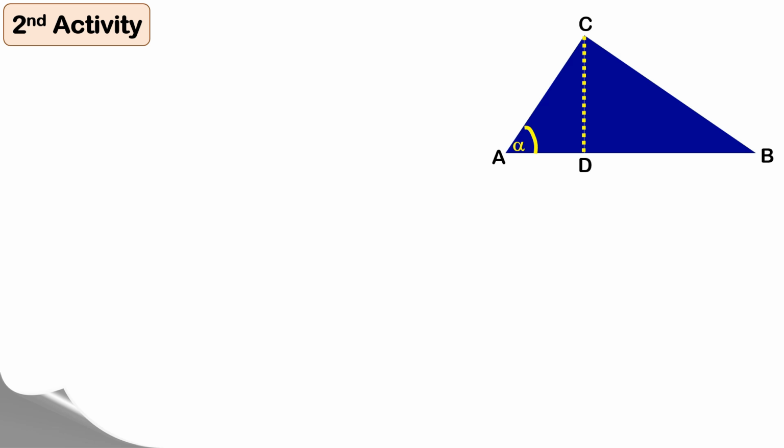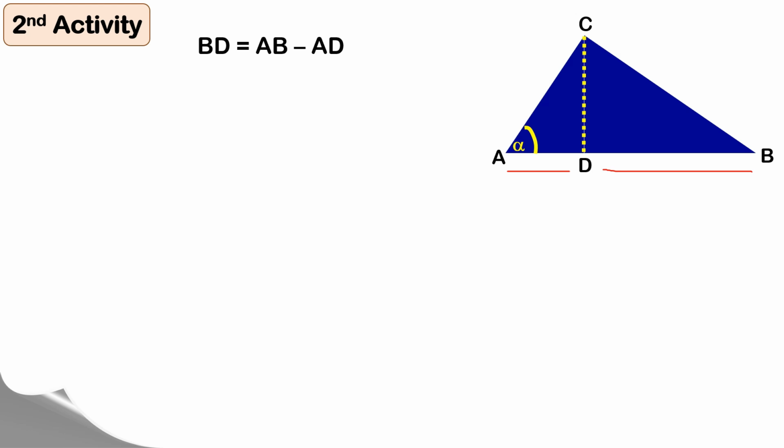Next, line AB has been divided into two lines, AD and BD. To obtain the length of BD, we find the difference between AB and AD, with BD being equal to AB minus AD.